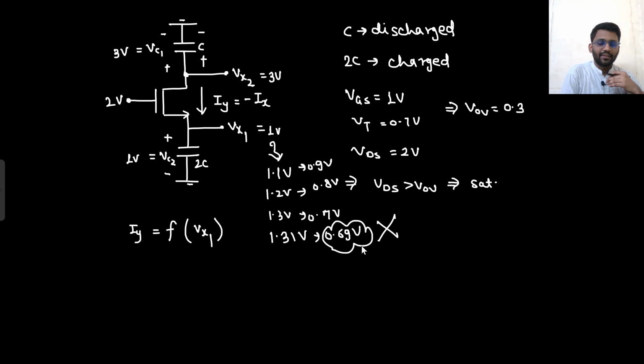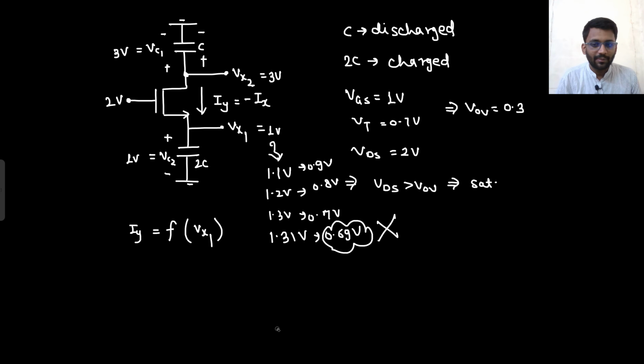So did you understand it? If your 2C is charged to 1.31 volt, the transistor will not supply any current. The transistor will turn off. So the maximum value Vx1 can get is 1.3 volt only.